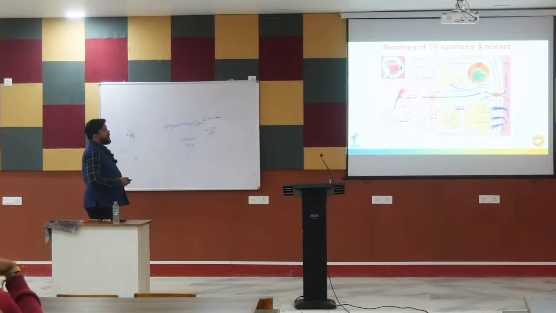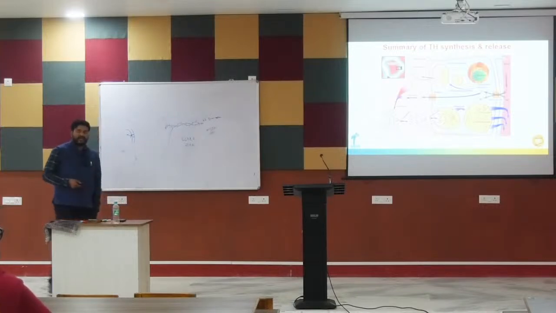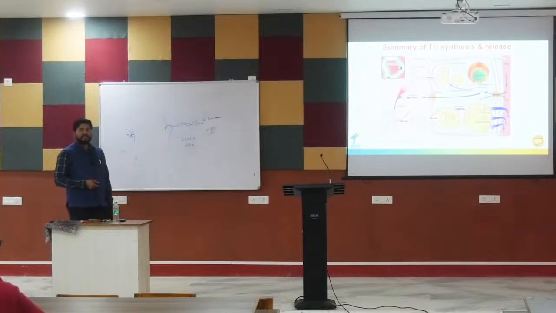This is the sodium iodide importer. The iodine goes by pendrin into the colloid, then oxidation, iodination, conjugation, then again endocytosis, and there is proteolysis of the tyrosine residues to secrete thyroid hormones into the blood. Any question up to this?